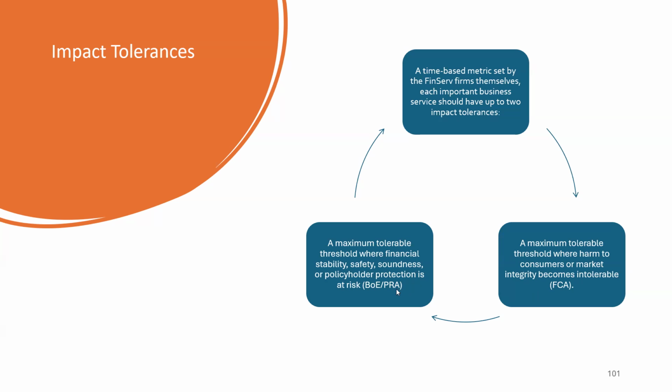Whereas the PRA's primary focus is on financial stability, safety, soundness, and insurance policyholder protection, market stability, market safety, market soundness. So when setting our impact tolerances, these are the considerations that we need to make to determine how quickly we need to recover our important business services before that disruption starts impacting upon our consumers or upon our policyholders, if an insurance company, or upon the markets in general.